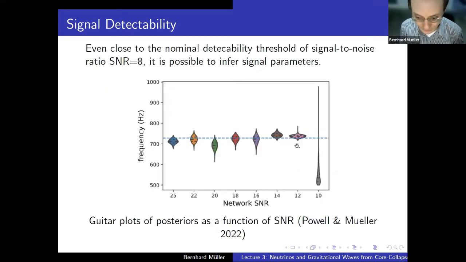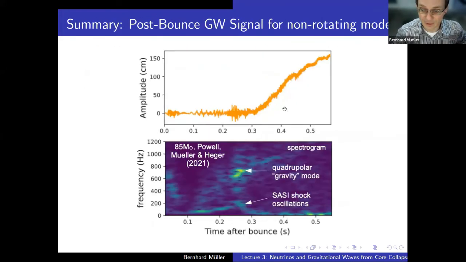But there is some good news because we and other groups are starting to figure out whether you can go beyond detection and actually infer signal parameters. And even if you're not so far above the threshold for detection and can confidently detect the models, you can already start to do some inference on the parameters like the total gravitational wave energy or the peak frequency of emission, where, let's say, in this case, most of the emission through the G mode happened.